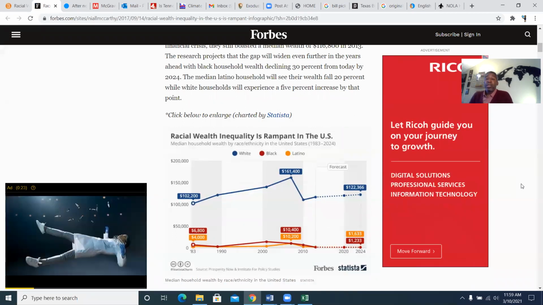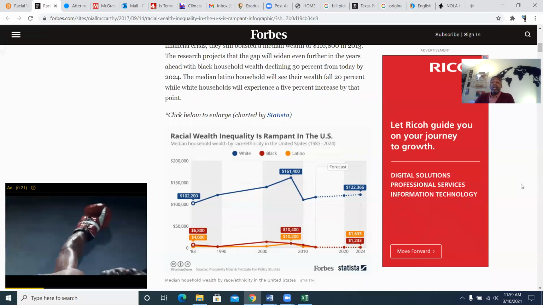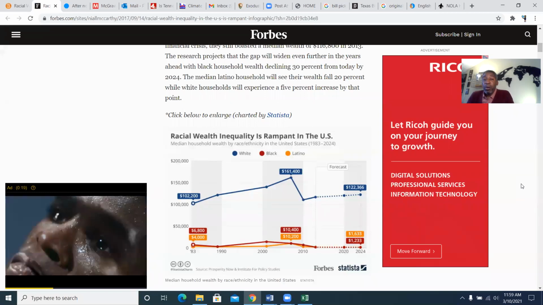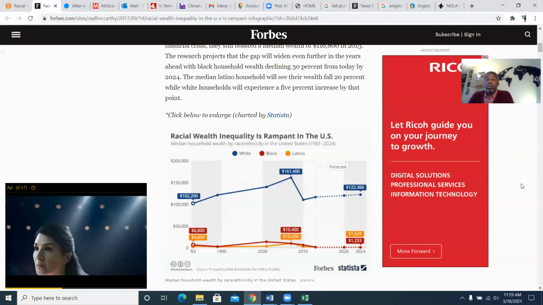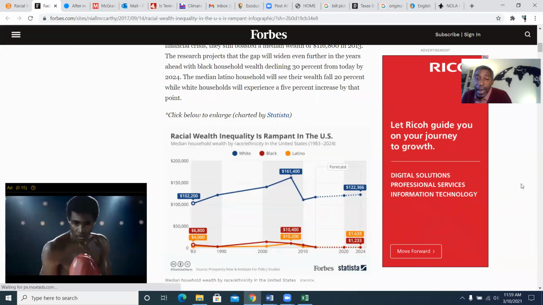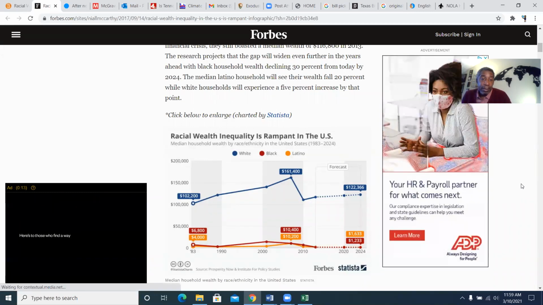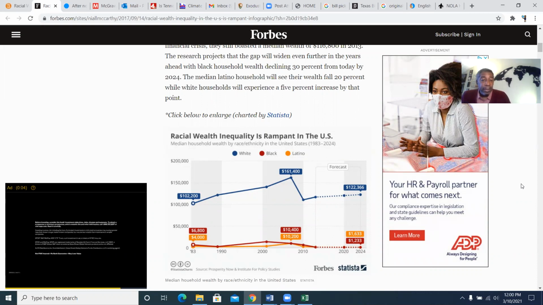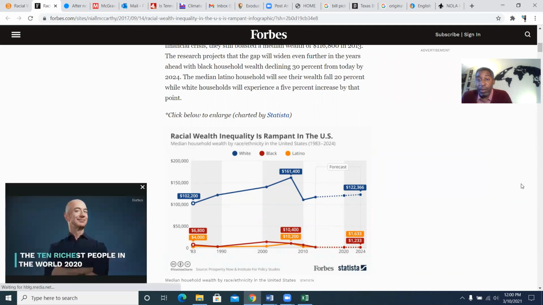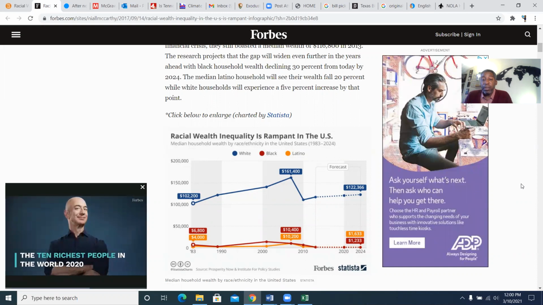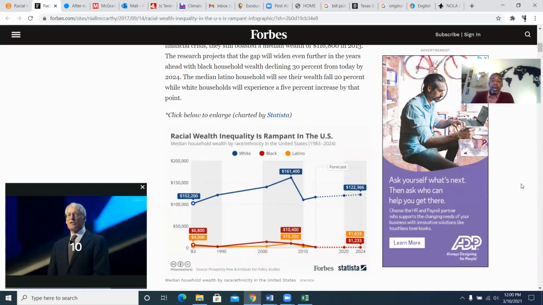And so this chart really illustrates what we call the racial wealth inequality gap in the United States. If you start on this graph in 1983, the average African-American household had about 1/20th of the wealth of the average white household.